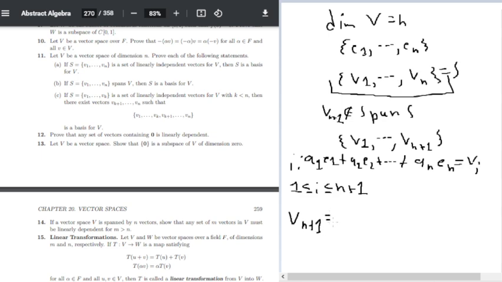Oh wait, yes, okay. Now we have vn plus 1 is equal to this thing, and we need to be able to determine the coefficients. Okay.